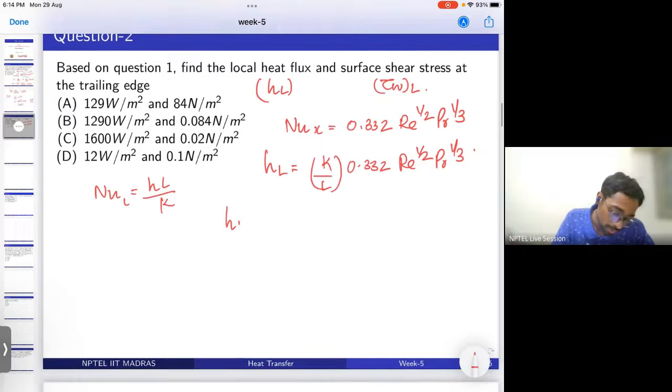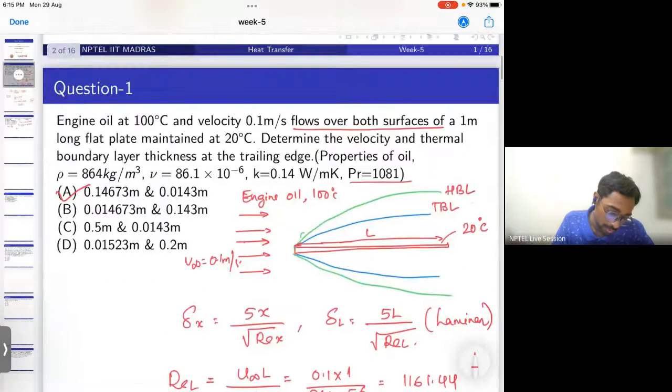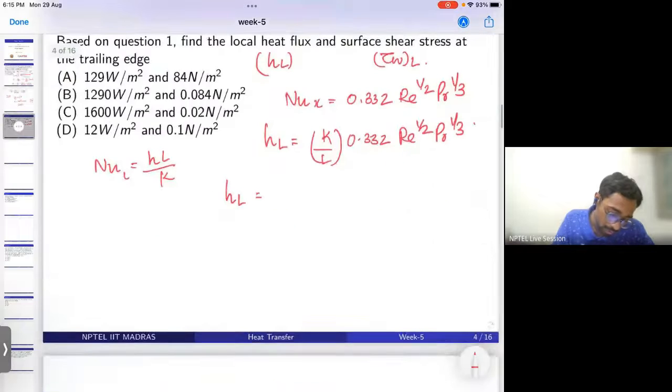So what is HL? K is already given, 0.14. L is given, 1 meter.